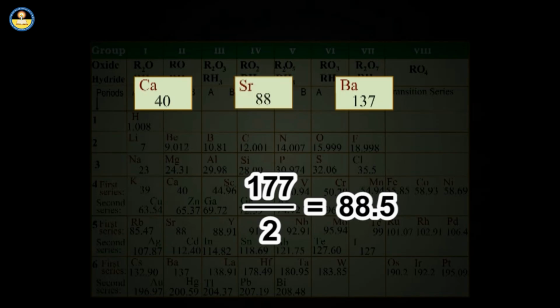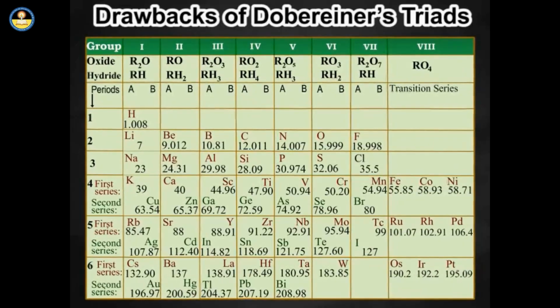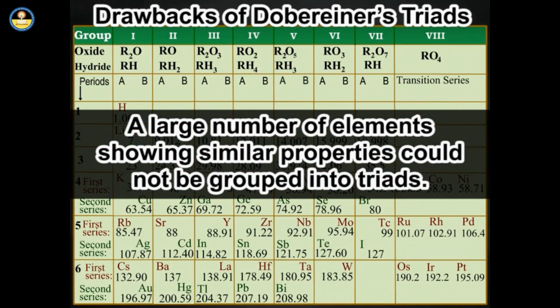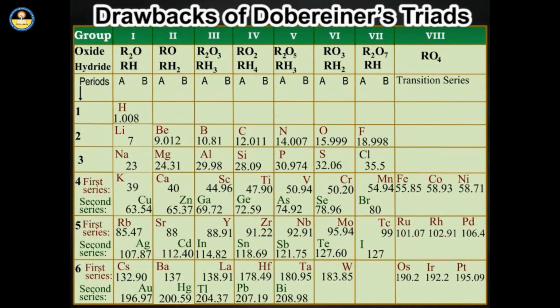Let us now learn about the drawbacks of Dobereiner's triads. A large number of elements showing similar properties could not be grouped into triads. Examples of these types of elements are iron, manganese, nickel, cobalt, zinc, and copper.